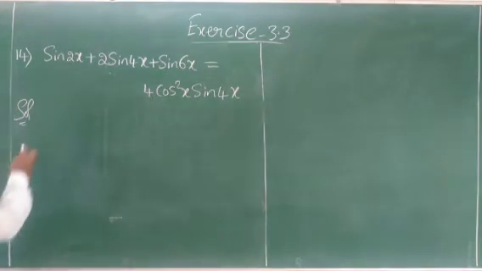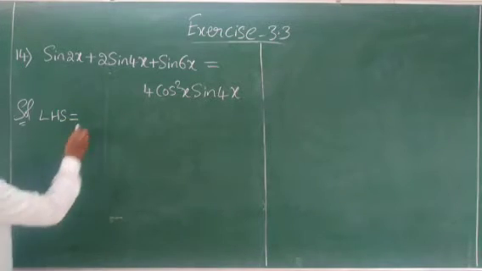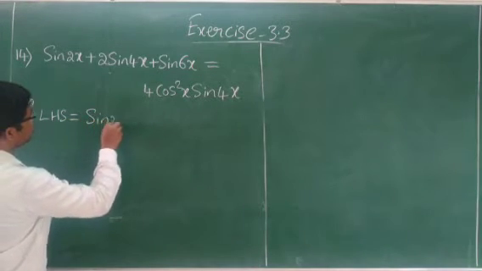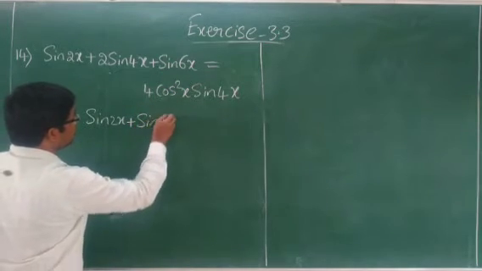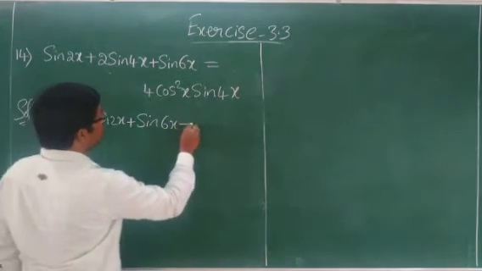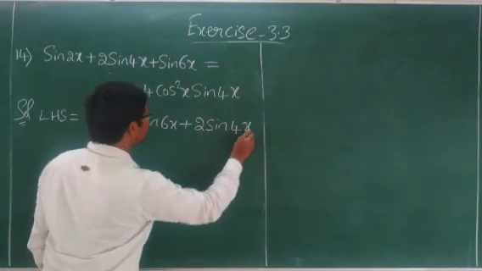So we will take the LHS and we will rearrange it. We first take sin 2x plus sin 6x, plus 2 sin 4x.